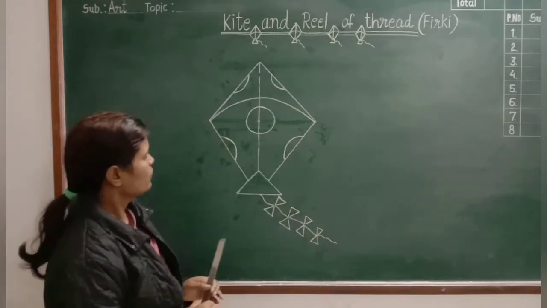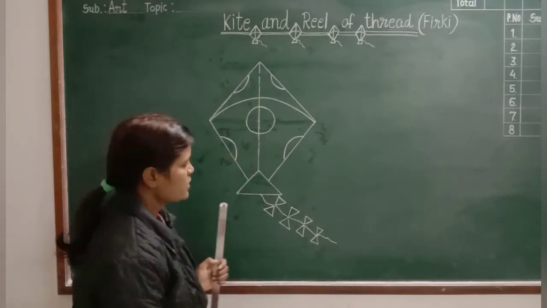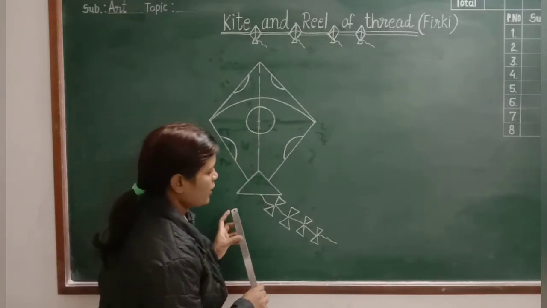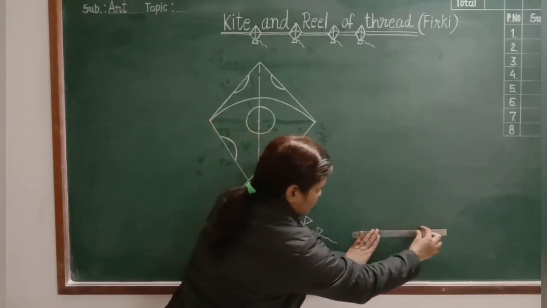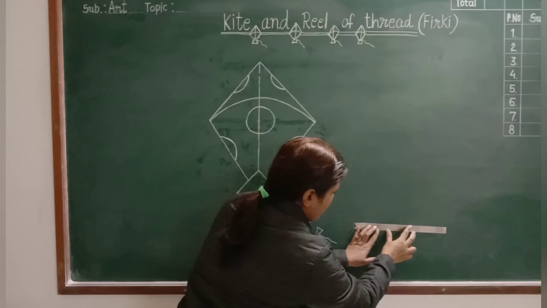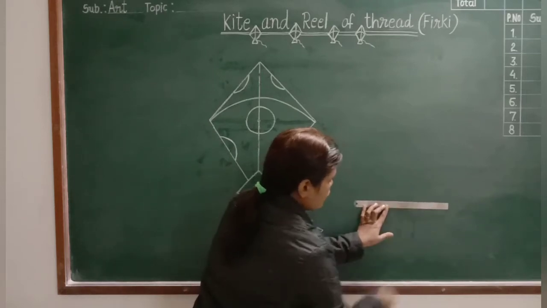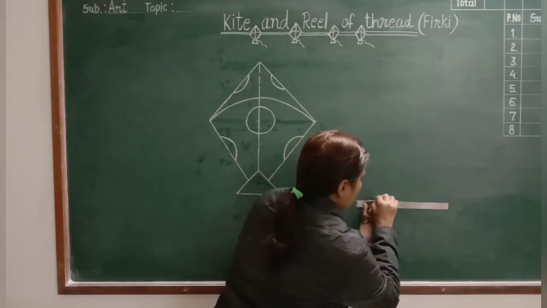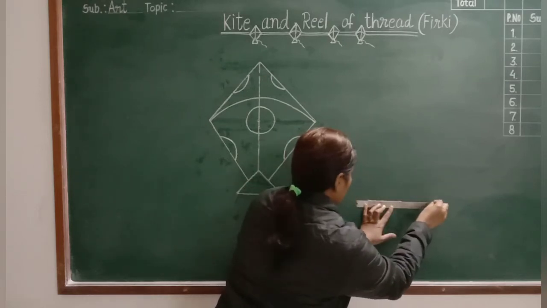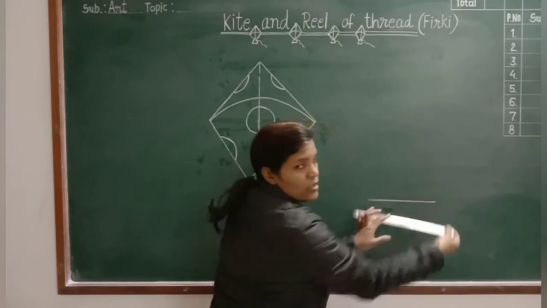now our reel of thread, it's turn to reel of thread. For the reel of thread we will draw rectangle shape, okay, rectangle shape.